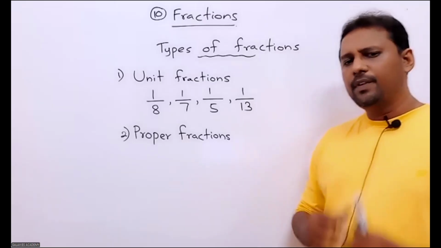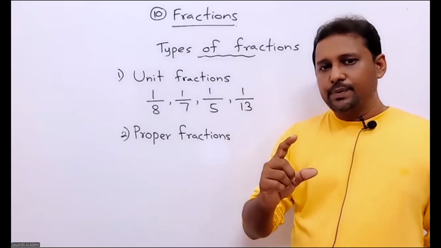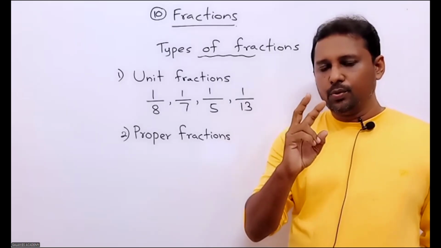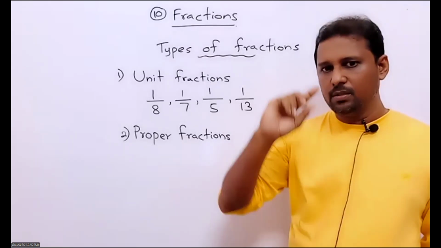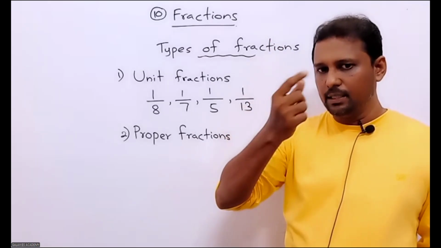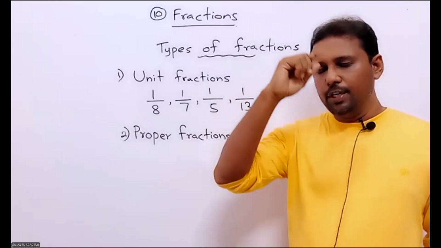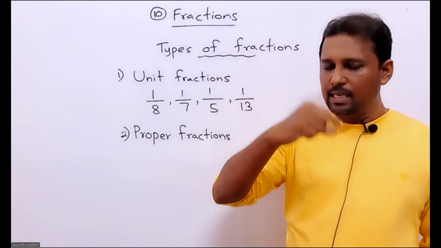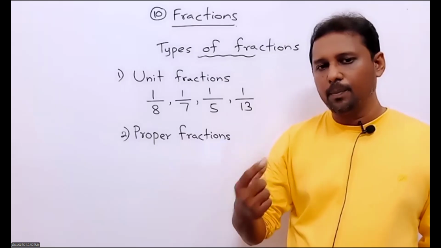Proper fractions mean which type of fractions? I discussed with you there are two parts of a fraction, no? The upper part is the numerator, the lower part is the denominator. If a fraction's numerator is less than its denominator, we call it a proper fraction.